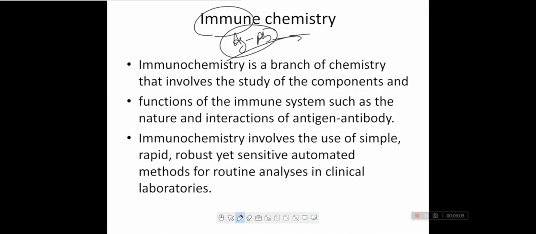In immunochemistry, we determine only and only the antigen and antibody reaction: how the antibody reacts with the antigen, and how the antigen reacts with the antibody.